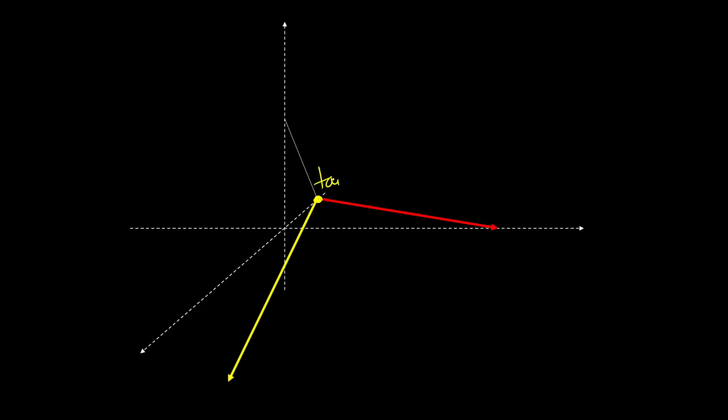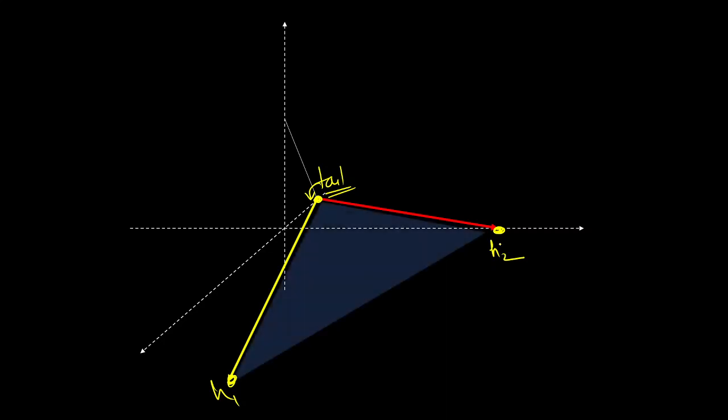Both the tails are here, and let's say this is head 1, and this head 2 is here, and you have to join these 3 points. And when you join 3 points in 3D space, you will always get a triangle, and that triangle would be planar. So these two vectors are coplanar. They might not look planar at first view, but then you can move them in such a way that you can make them planar.